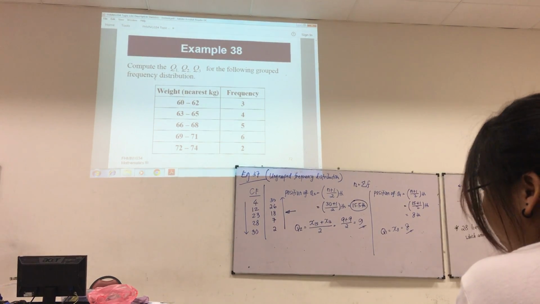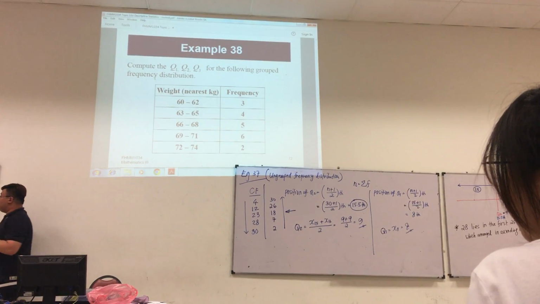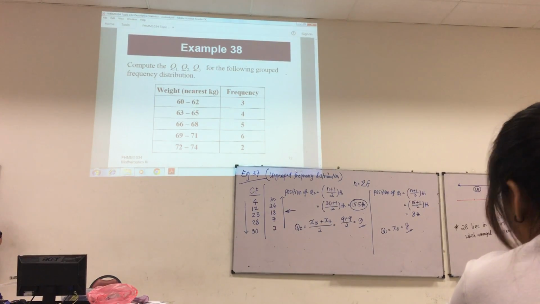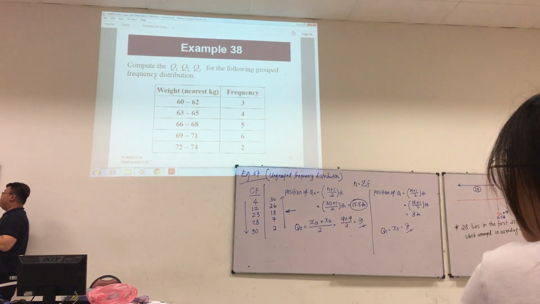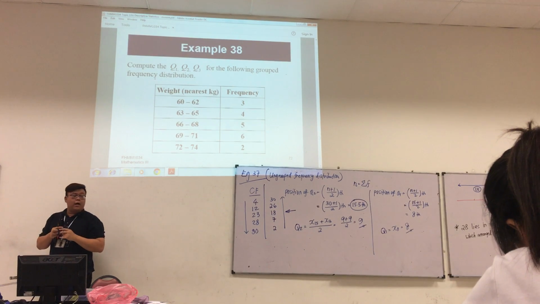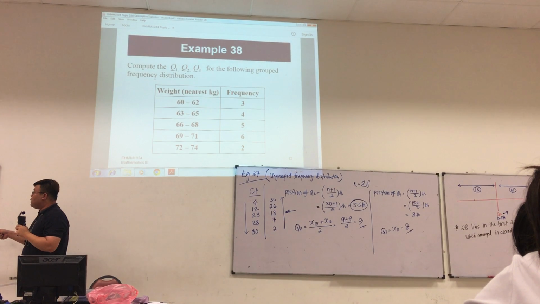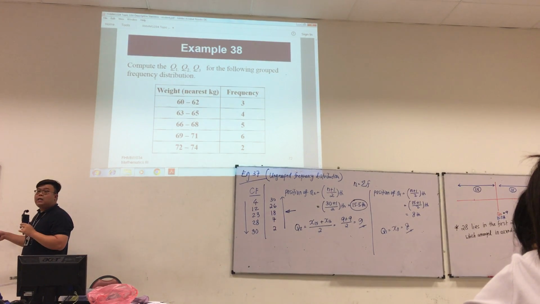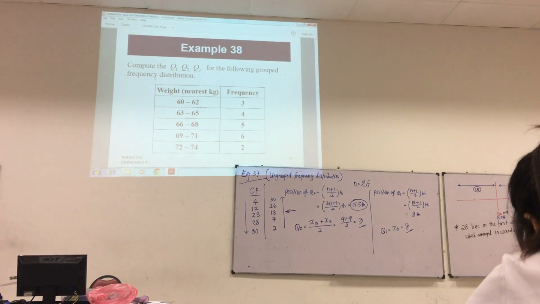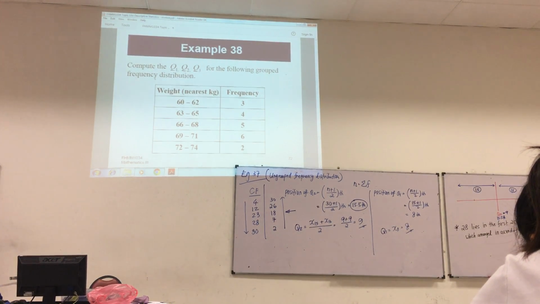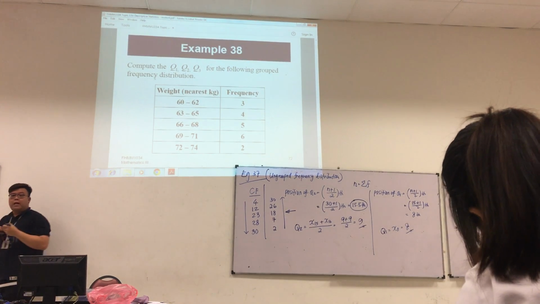In this case, n is the total frequency, which is 20. So it will be 20 divided by 4, and you should get the fifth. Comparing with the cumulative frequency, the fifth falls under the second class. Therefore, my Q1 class will be 63 to 65. That is your Q1 class.